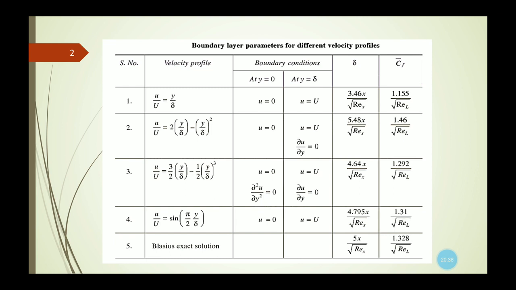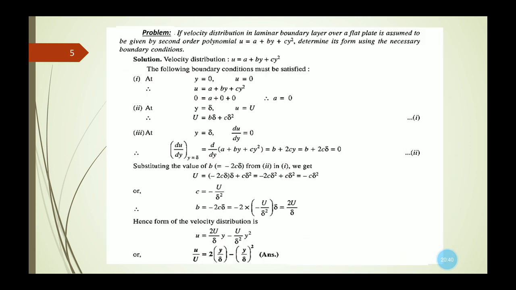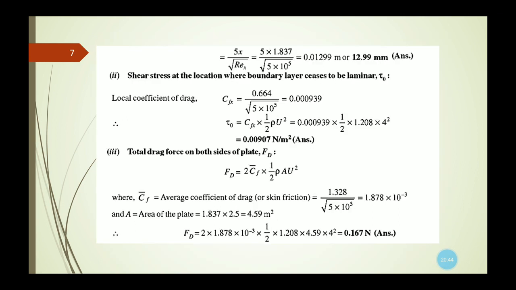So we use this formula for the thickness of the boundary layer, and it is coming as 12.99 millimeters. So this is the thickness of the boundary layer.